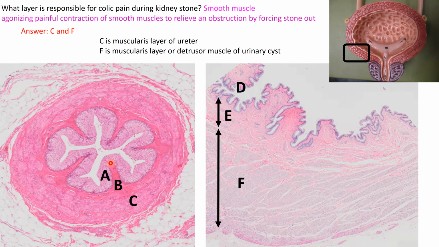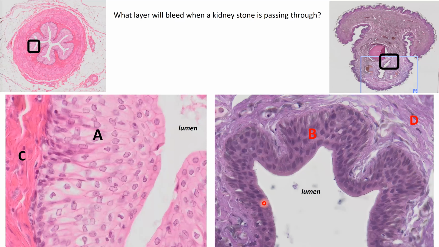Well, the answer is both, because you remember the stone can travel through the entire system. If it's in the ureter, this muscle is contracting, causing colic pain. If it's in the urinary vesicle, then this muscle is going to give the patient colic, horrible pain.